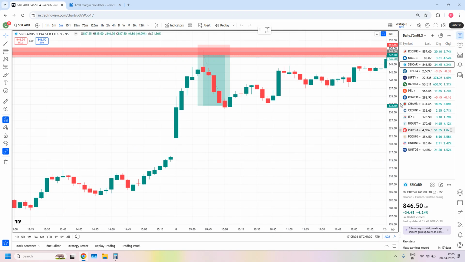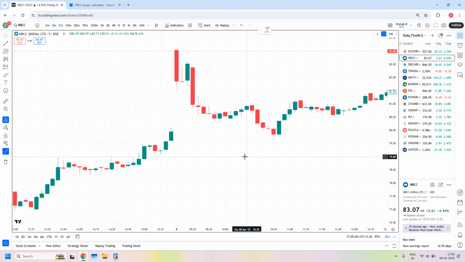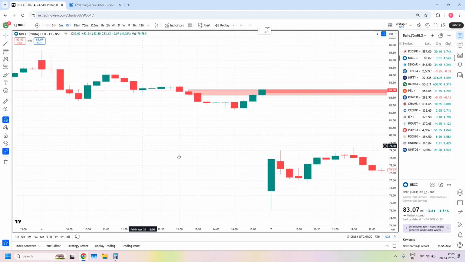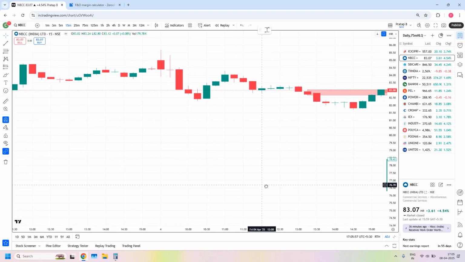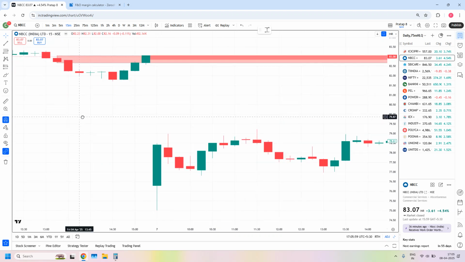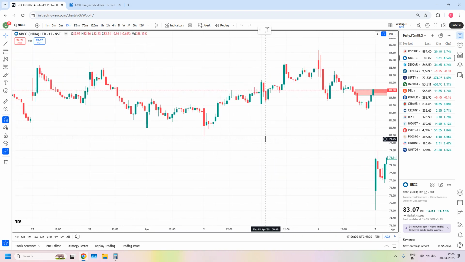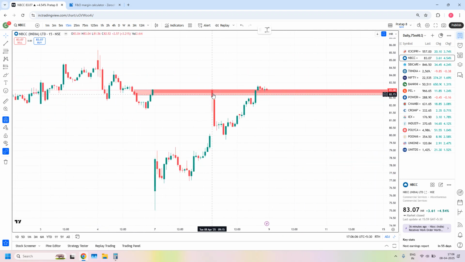Okay, what about the remaining two? NBCC does not have a proper 5-minute structure. This is also a 15-minute zone. It is not about structure. This is about the morning 9:15 candle. Sorry for my mistake. Why we didn't take it is that this is a morning 9:15 one-minute candle trade.